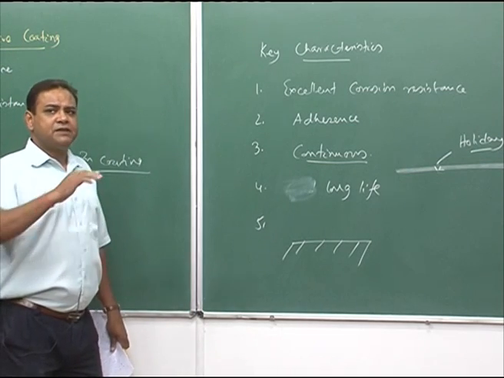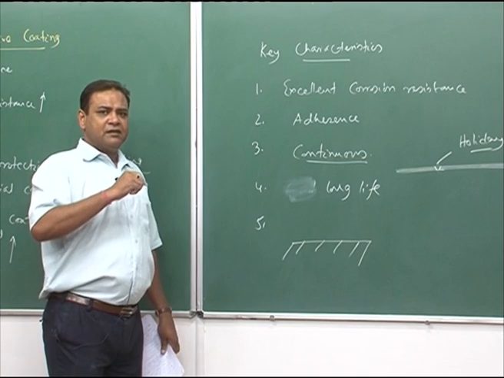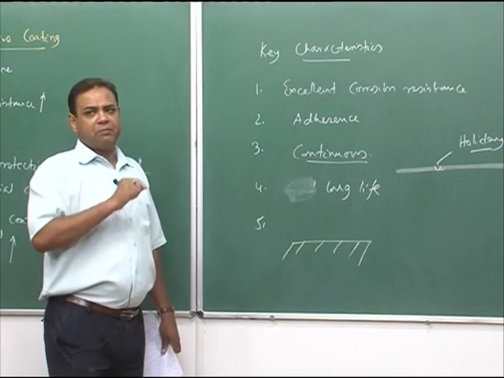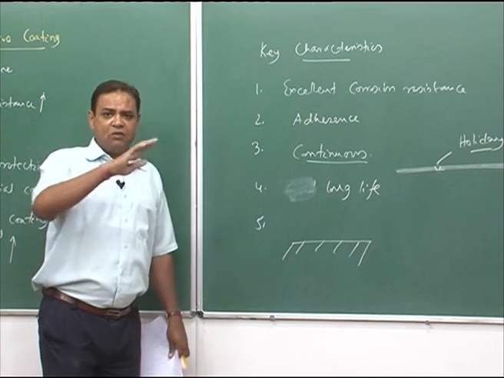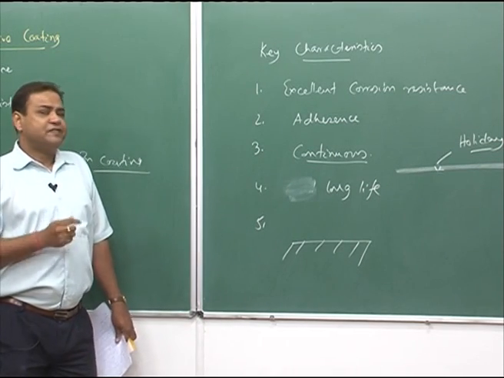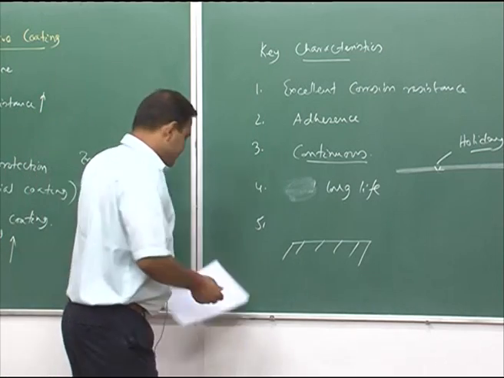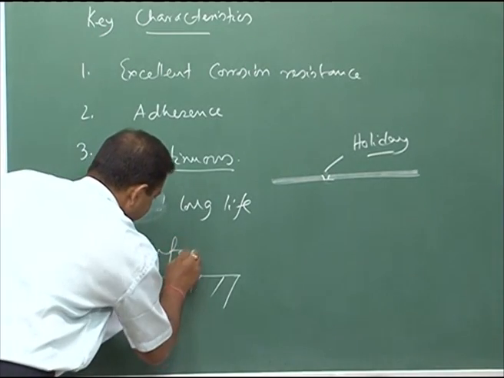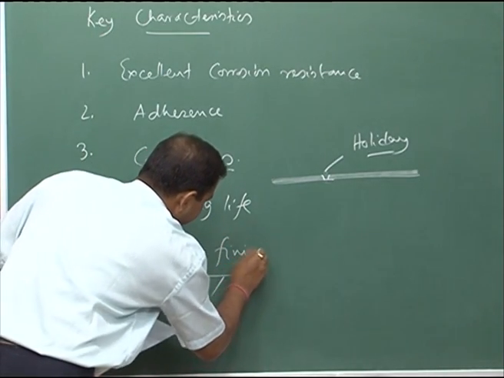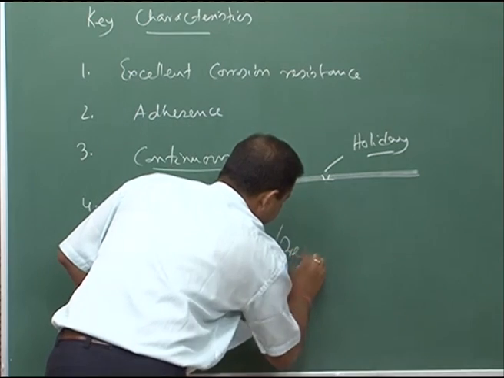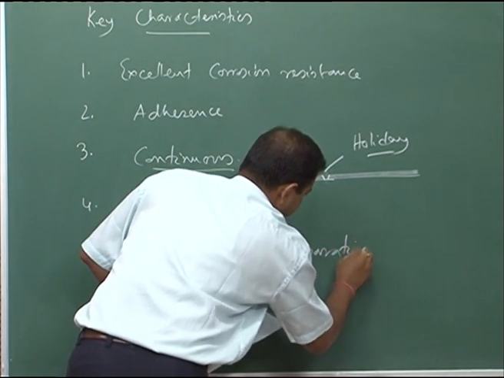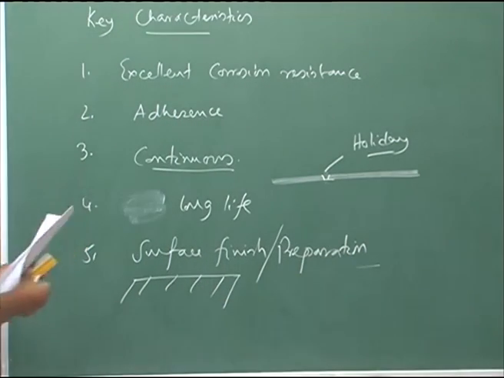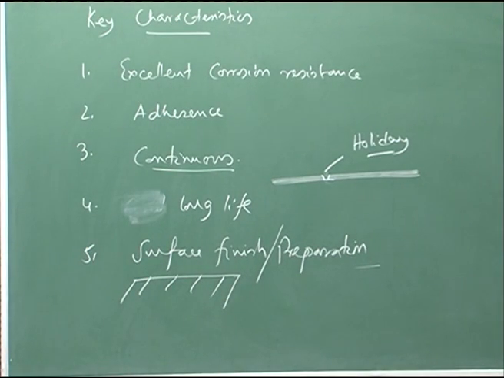At the same time, if a bad coating is done, for example a coating which is not that resistant to the environment, on a very well prepared surface, then it can function well. So, that means the surface finish or preparation is another important issue. So, these are the key characteristics.